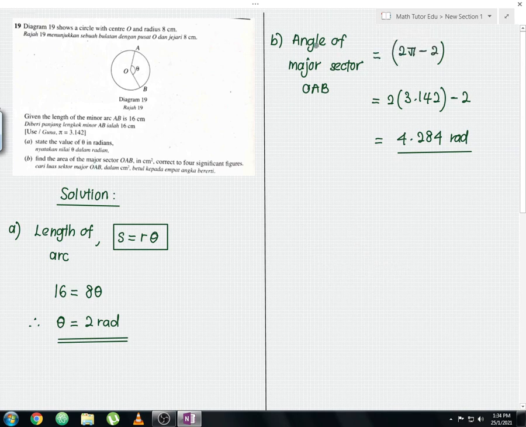Once you get the angle of major sector OAB, then only we can proceed to find the area of the major sector OAB. To find the area of sector, we're going to use the formula A is equals to half r square theta. Let me box this formula.